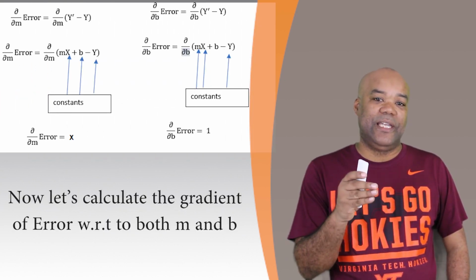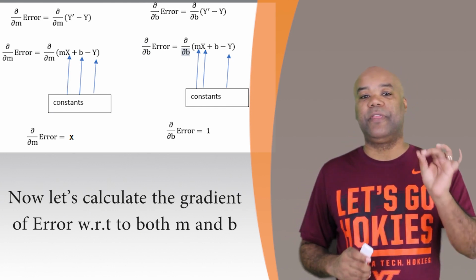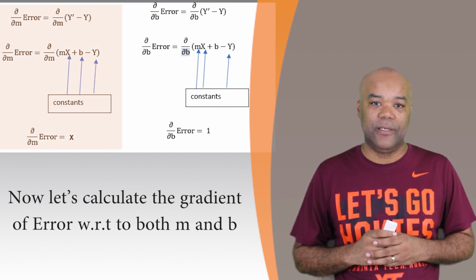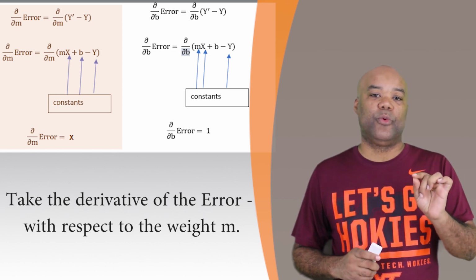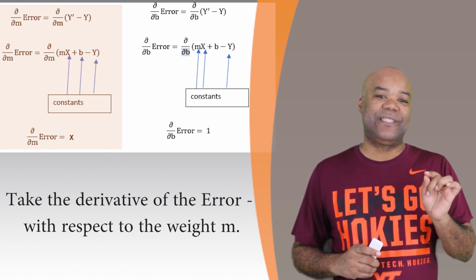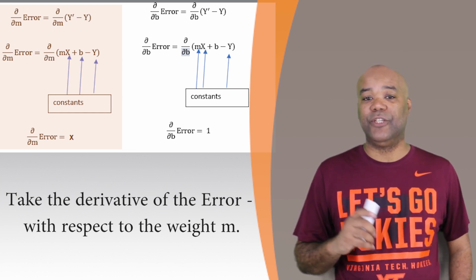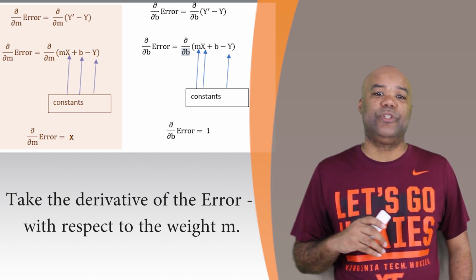Now I want to calculate the gradient of the error with respect to both m and b. Let's start with m. Take the derivative of the error with respect to the weight m. Let's substitute the error with y prime minus y. Okay, let's do one last substitution.